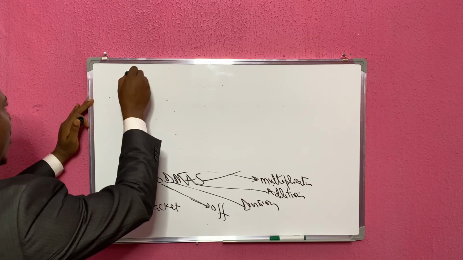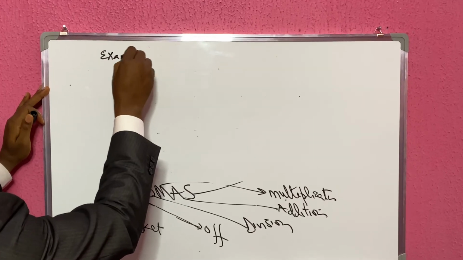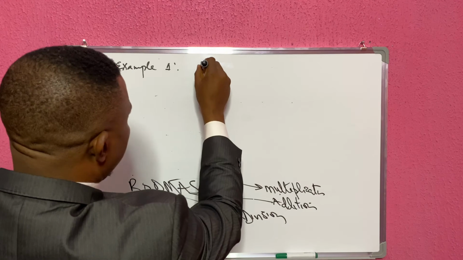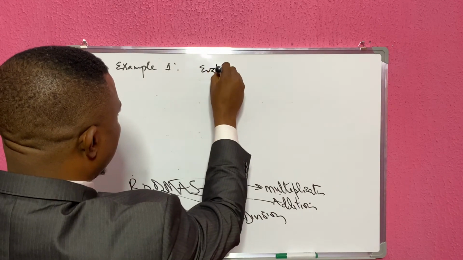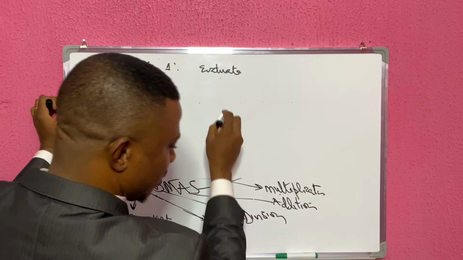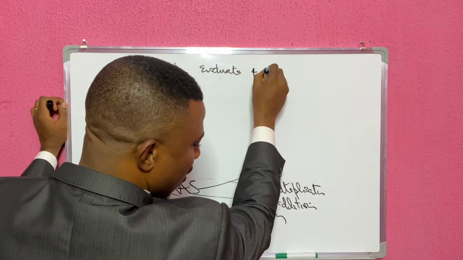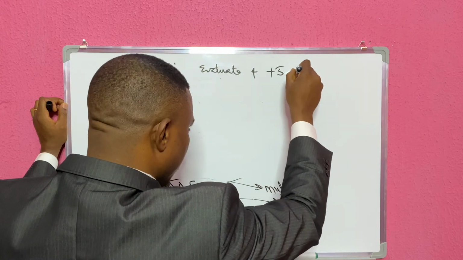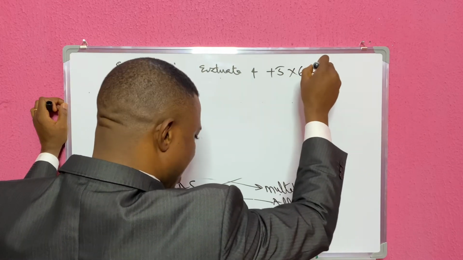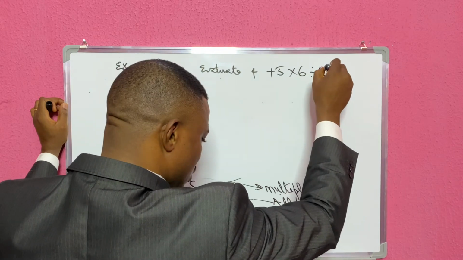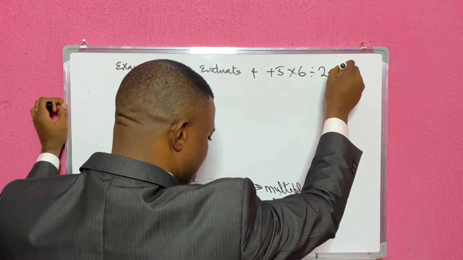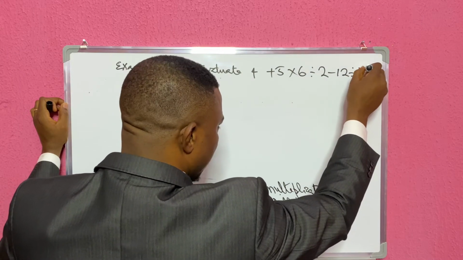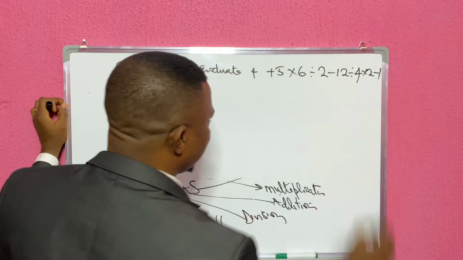Let's say example 1. Evaluate 4 plus 5 multiplied by 6 divided by 2 minus 12 divided by 4 times 2 minus 1.